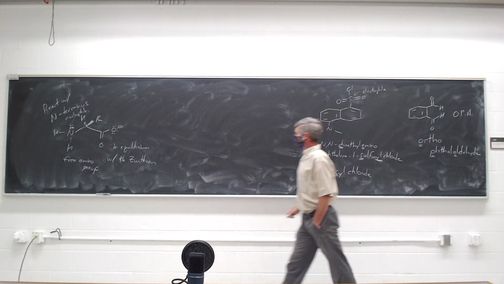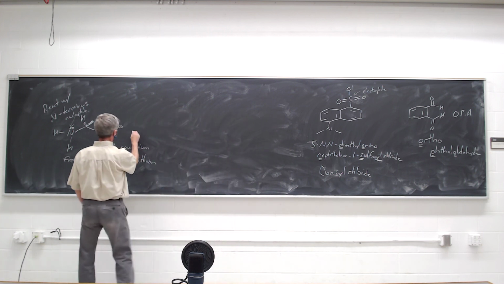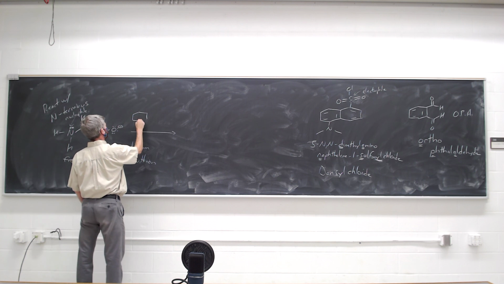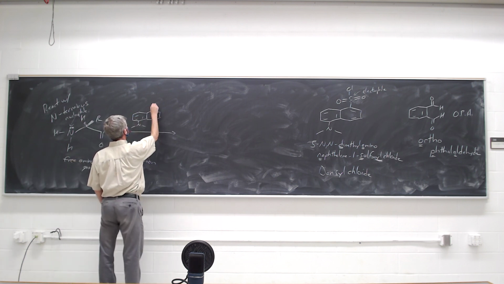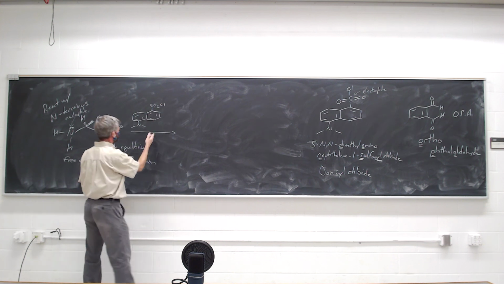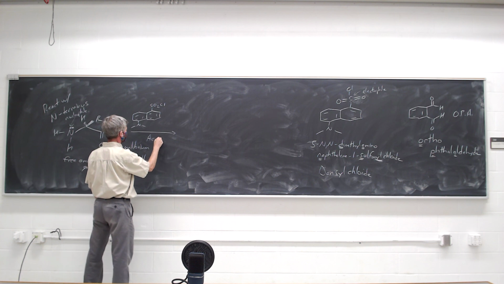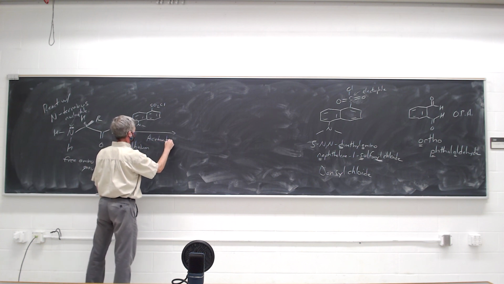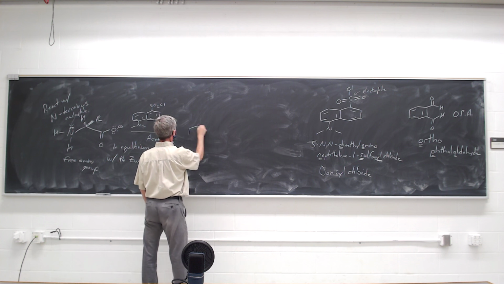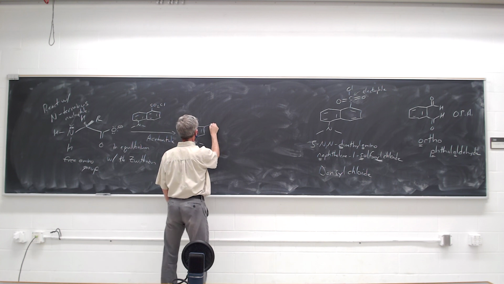And what type of reaction is that going to be? It's going to be a nucleophilic acyl substitution. Some solvent, maybe acetonitrile. And you're going to end up with an amino acid that now has this highly fluorescent tag on it.